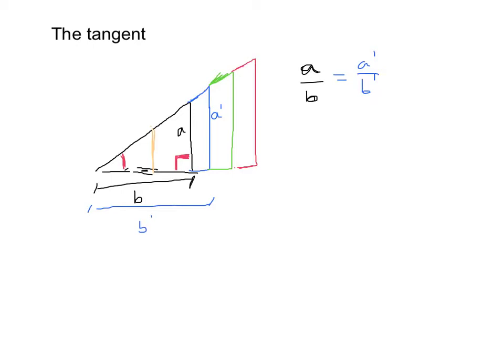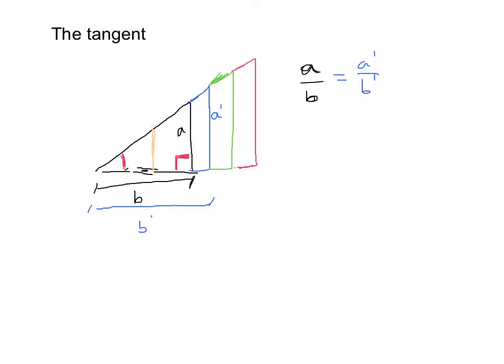Perhaps I get 0.6. Well, 0.6 is what I get whether I divide this one by this one, or this one by this one. Because this one got bigger, and this one also got bigger, it comes as no surprise, perhaps, that the ratio is the same.